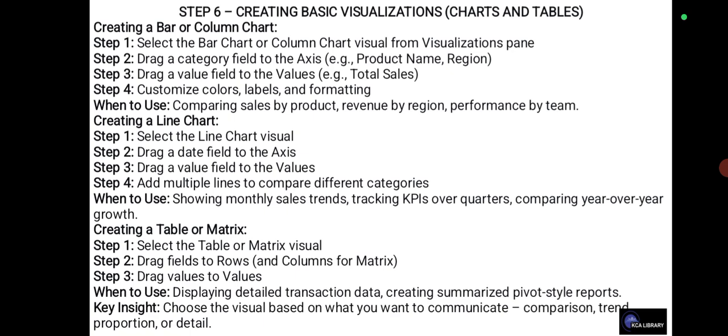When I say category field, maybe you want to talk about region, cost or sales. If it's one you want to consider, that means it is one field. Like I mentioned before, bar and column charts are used to compare sales by product, revenue by region, and performance by team.